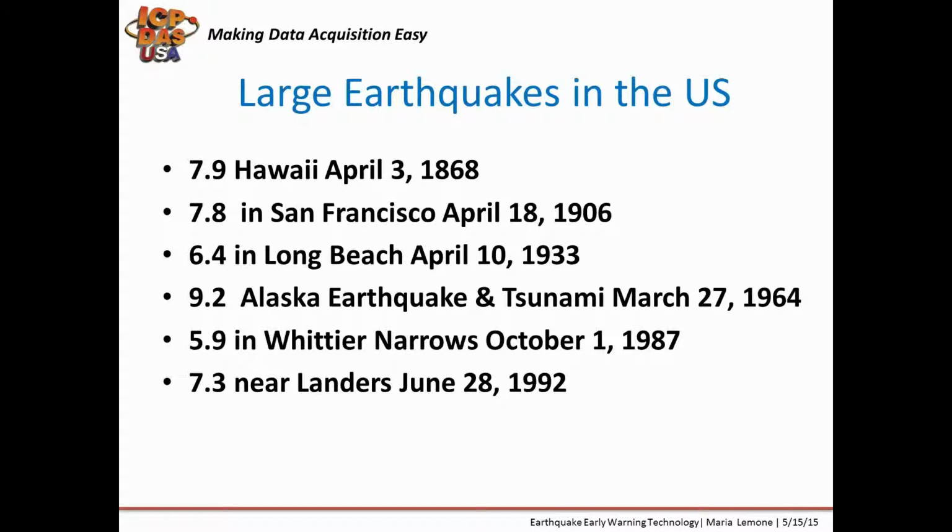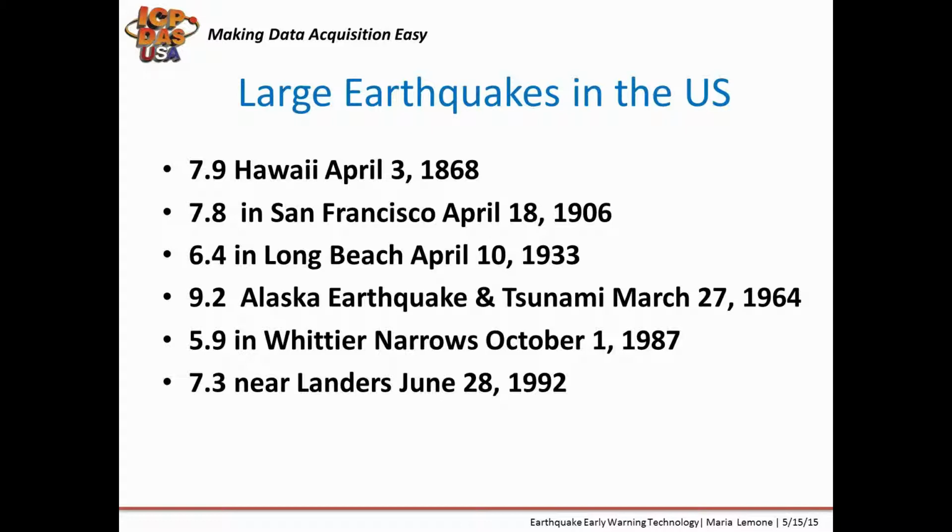The 6.4 in Long Beach on March 10, 1933 resulted in many collapsed buildings and houses due to lack of earthquake-resistant architecture. A 9.2 Alaska earthquake and tsunami on March 27, 1964 took 253 lives and caused $311 million in property damages.